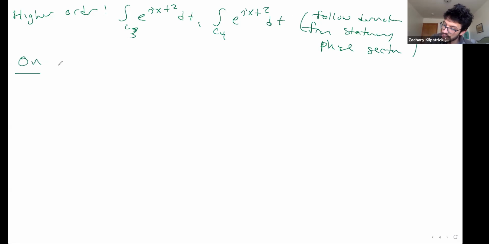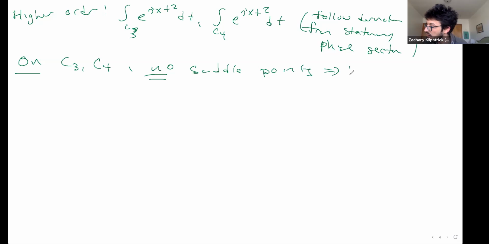But the biggest point is that on C3 and C4, there are no saddle points, okay? So that means they're higher order corrections, and so we have everything we need just at the saddle point.